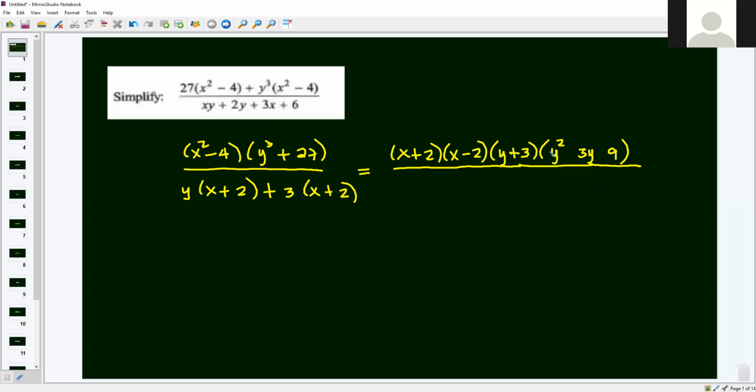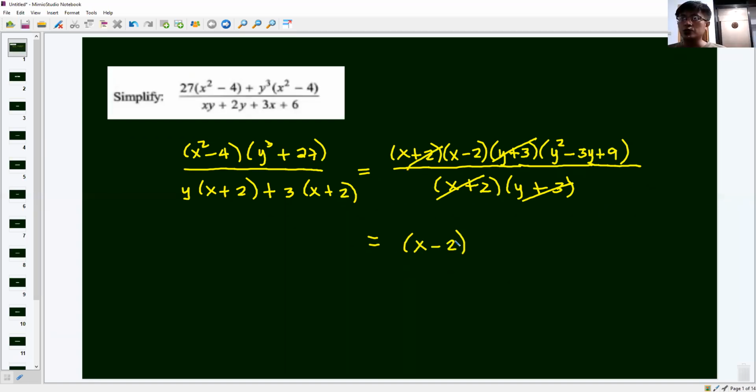The common factor is obviously x plus 2, leaving you with y plus 3. Cancel, cancel. Final answer, x minus 2, and then y squared minus 3y plus 9. So yun, it's a minus. So you're wrong too, it should be plus.